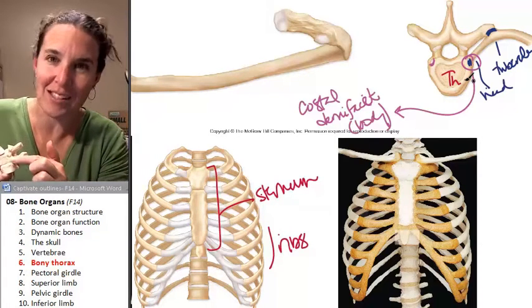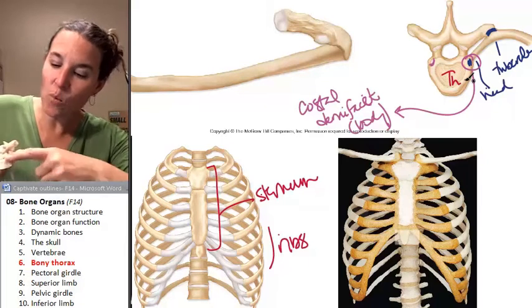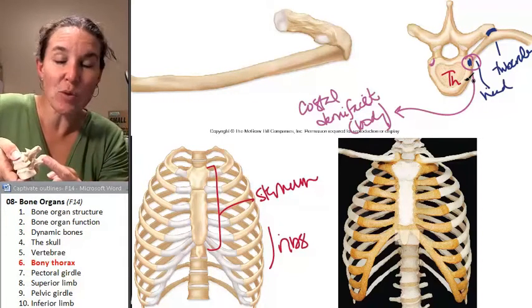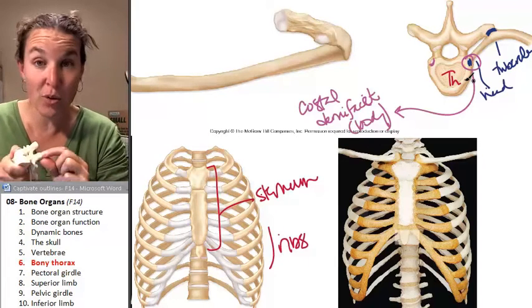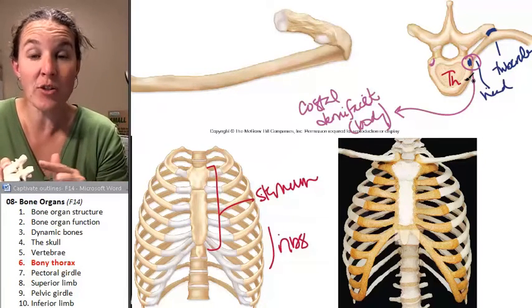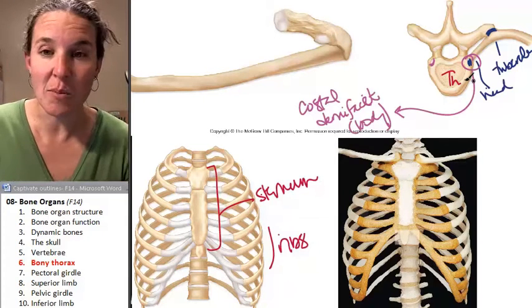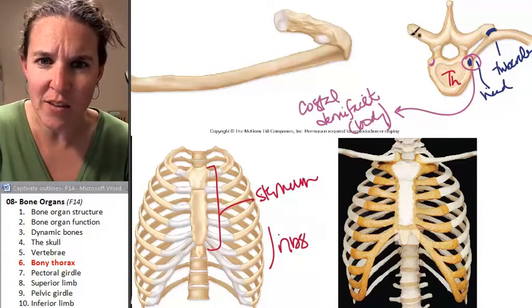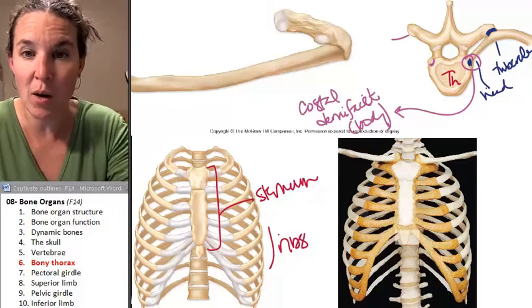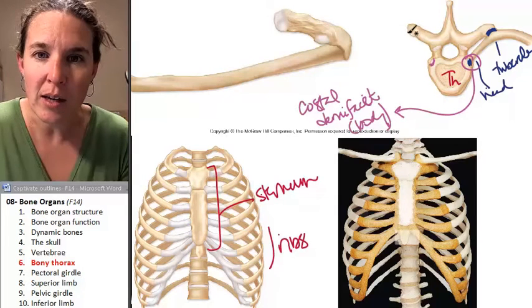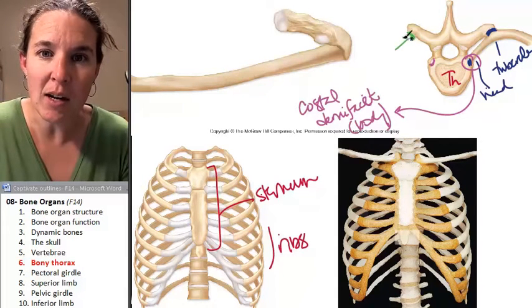The whole facet is the whole thing. The head of the rib attaches there, and then the tubercle of the rib attaches to a facet on the transverse process. That's my costal facet, and I need a new color. It's going to be green. Here is my costal facet.